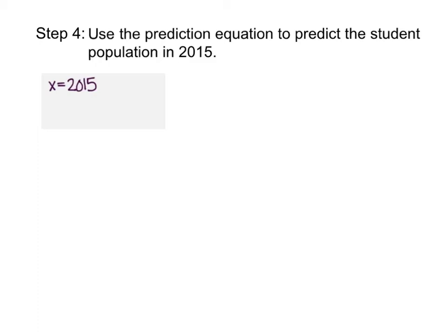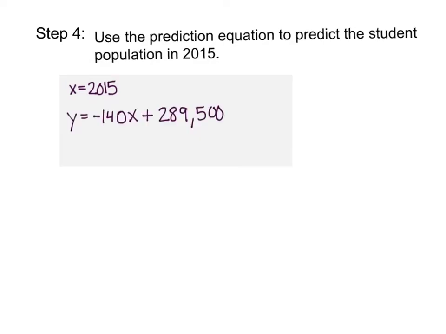So if I'm predicting the student population total in 2015, I'm looking for what y value I should have when x is 2015. So I'm going to take my prediction equation, and where I see x, I'm going to replace it with 2015, use the order of operations, multiply by that negative 140, and add 289,500 to see what that y value is.